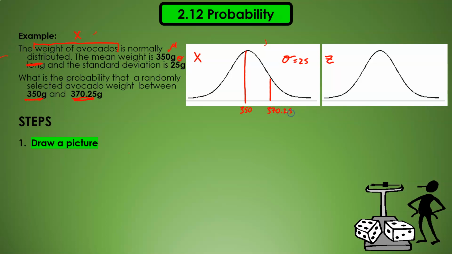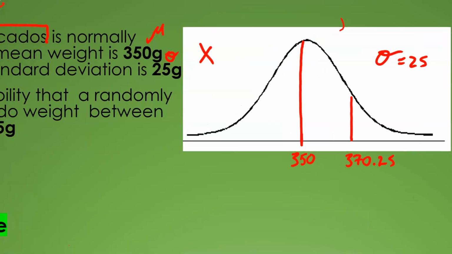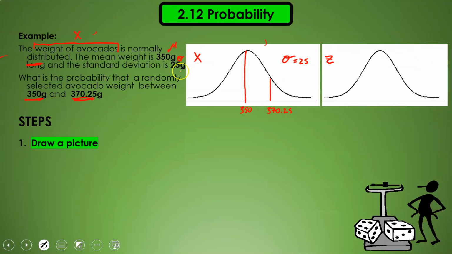Because this is just to give us a visual representation, the graph doesn't have to be perfect. What it should show is that 370 is bigger than 350, so it should be on the right hand side.